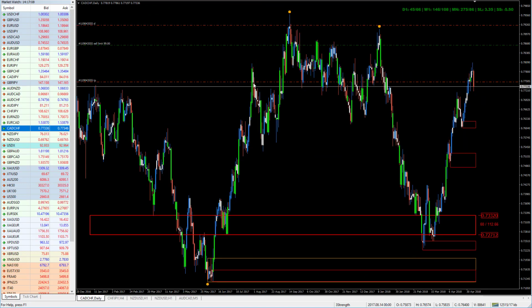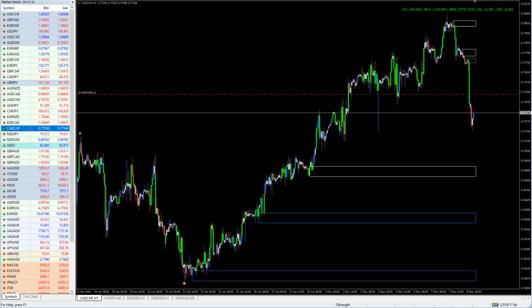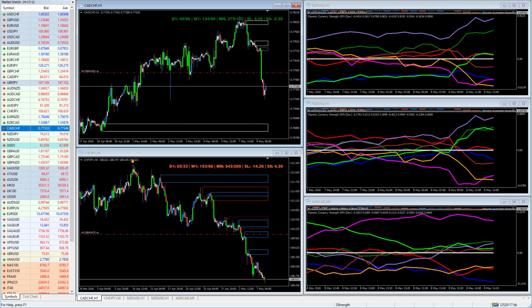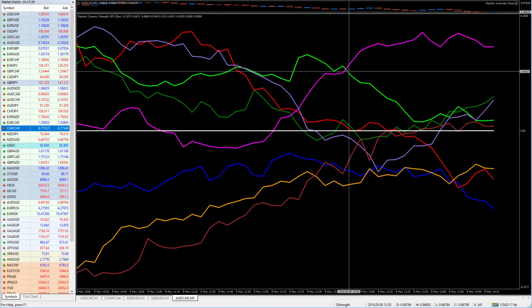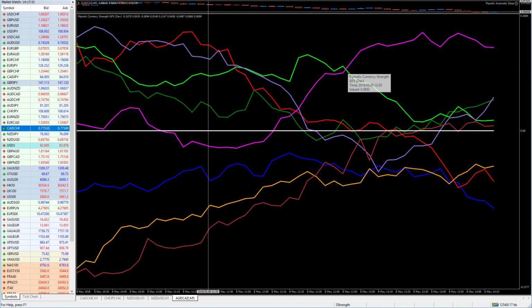So if we have a look at this, this is the daily chart. When this cross happened, it was today at about 1 o'clock.